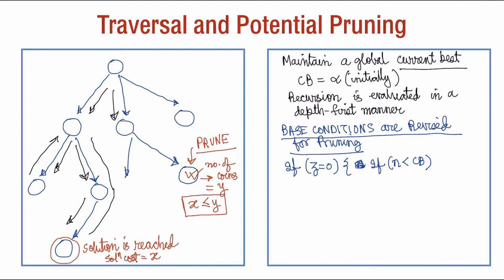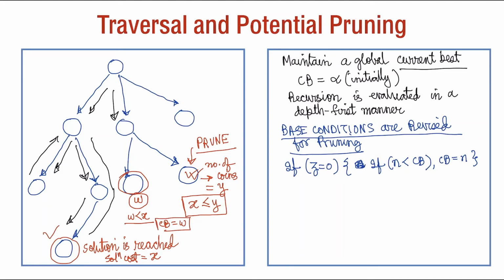That means this new solution is better than the current best, then we update CB equal to n. That means we update the current best, which means that if at some point in time we get another solution here whose solution cost is W, and this is a goal node, terminal node, and we find W is less than X, then we update current best to W.